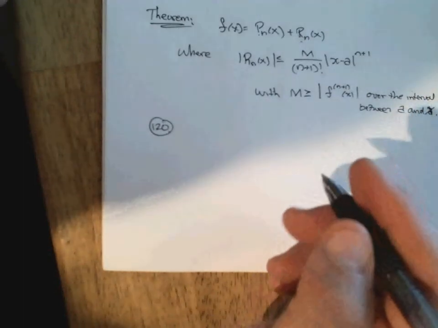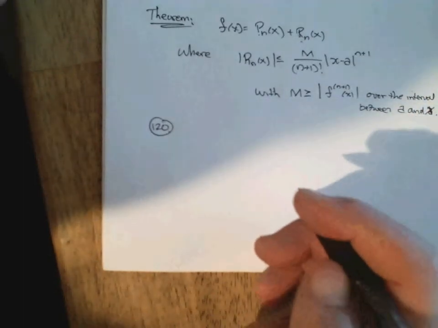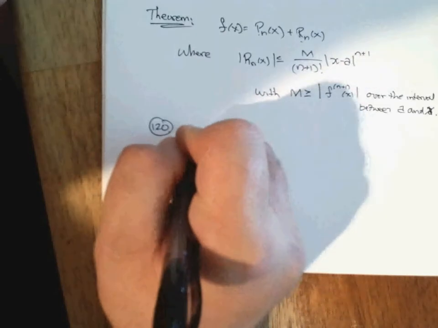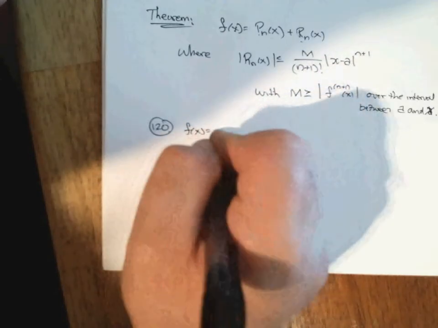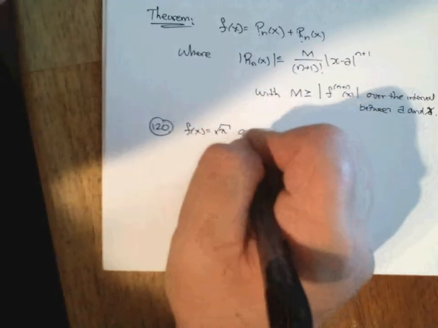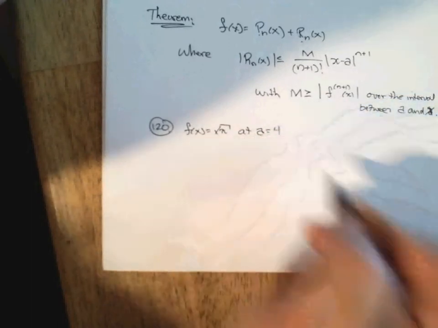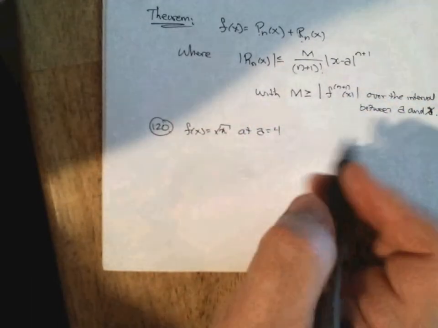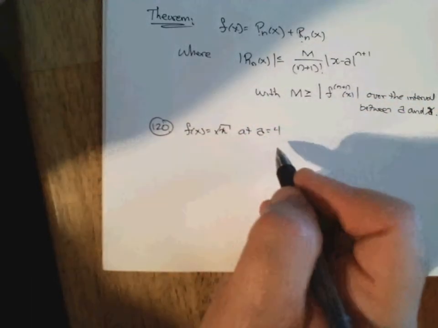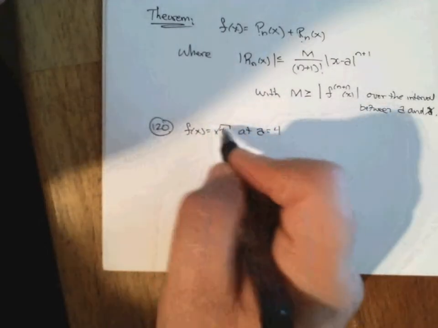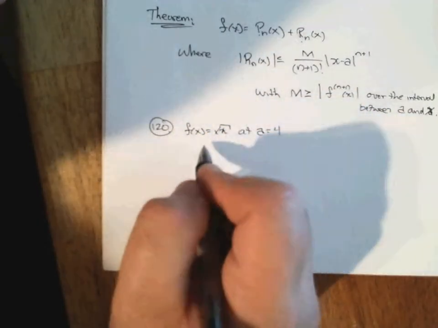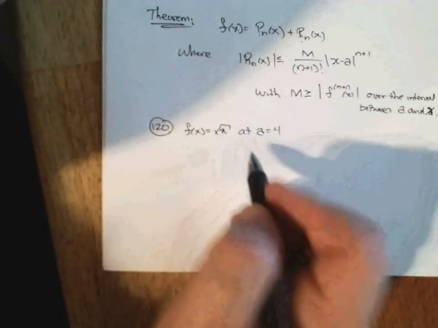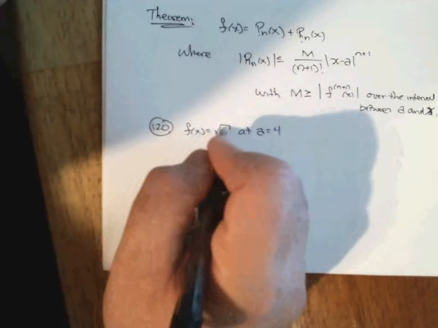In 120, we want to find a degree 2 Taylor polynomial centered at the given point. And the function you're given is the square root function, and the center you want to use is 4. So I want to find a second degree polynomial that approximates this. Well, to do that, I'm going to have to come up with C0, C1, and C2.